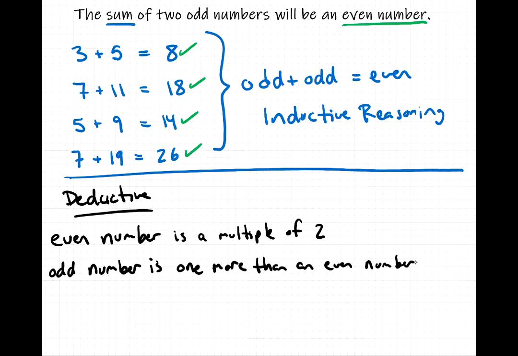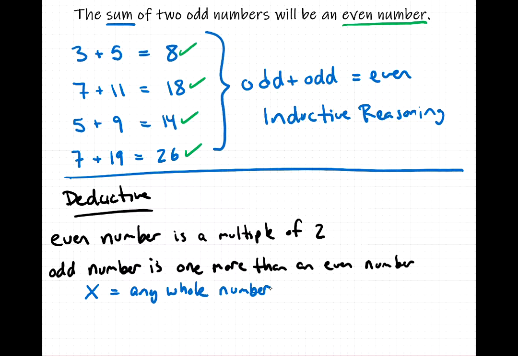All right, so let's start with just a generic variable x. Let's say x equals any whole number. We're not talking about decimals or fractions, but x is any whole number. So how do we make an even number and how do we make an odd number?